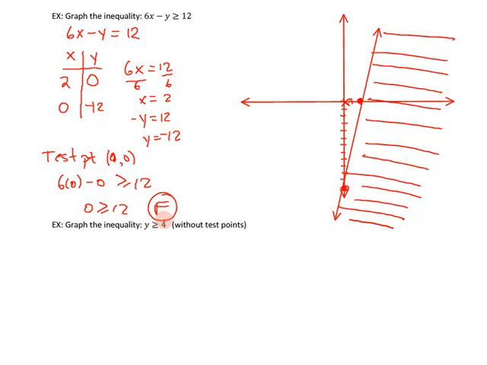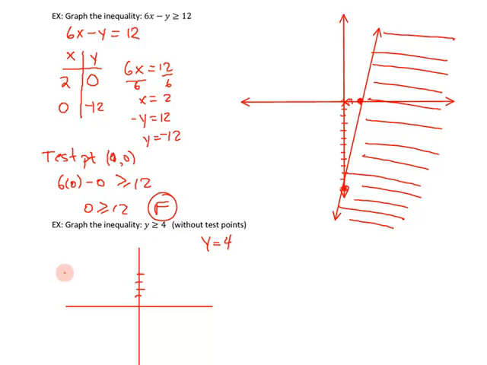The next example, we can actually do this one almost immediately without any work at all. Whenever you see the inequality y is greater than or equal to 4, if I wanted to graph this on my traditional Cartesian system, I would just go to y is equal to 4. 1, 2, 3, 4.